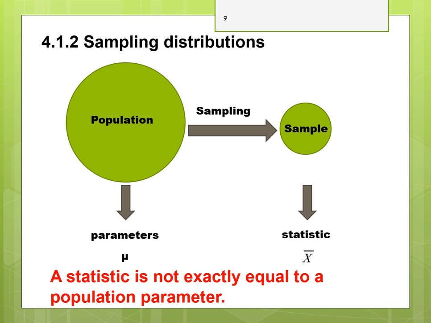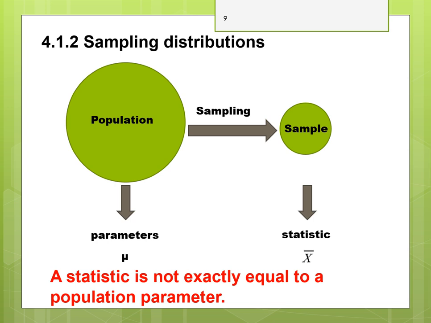After the concept of sampling, next is sampling distribution. We will find that the values of the sample will follow a special distribution. So that's very interesting. So here, this is the part of sampling distribution.